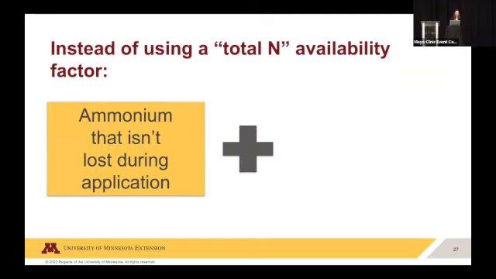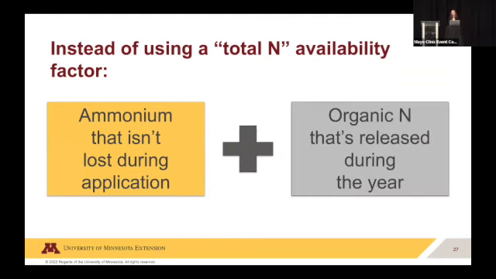We'll add that to the organic nitrogen that's released during the year. From there, we'll have a more site-specific or barn-specific nitrogen availability factor. Right now, we just get total nitrogen, we multiply it by one factor, and we call it good. But I think we need to have a little bit more nuance in those recommendations to deal with some of the differences we see across manure storages.